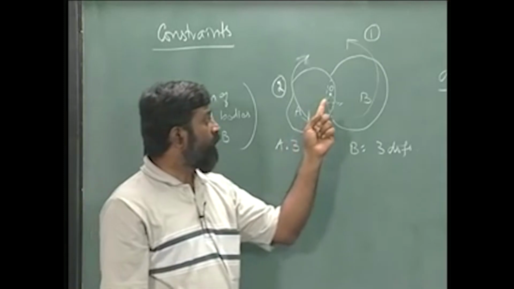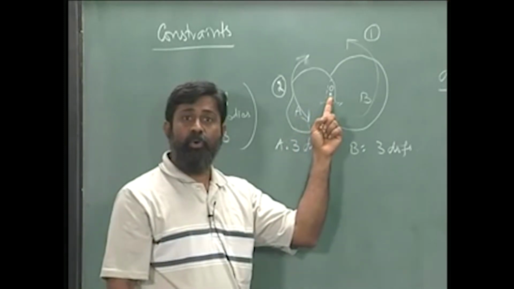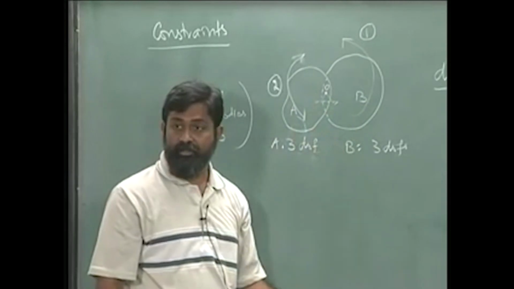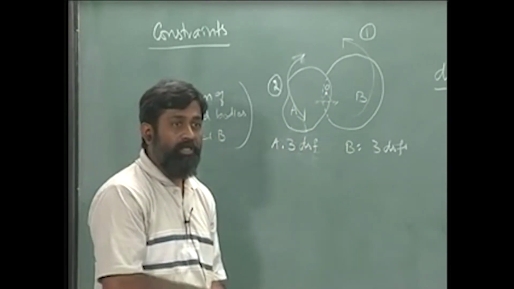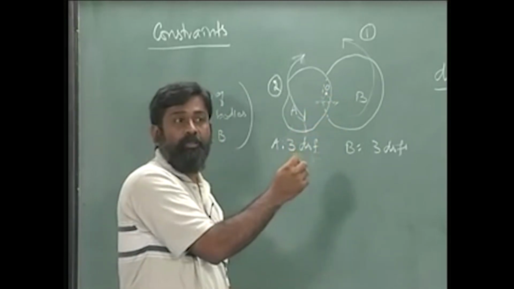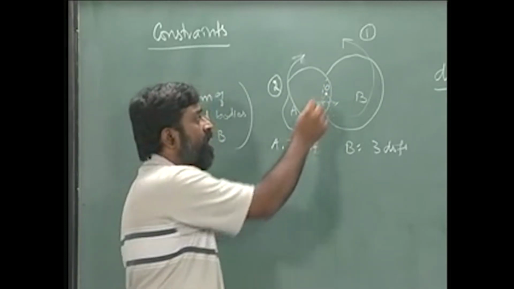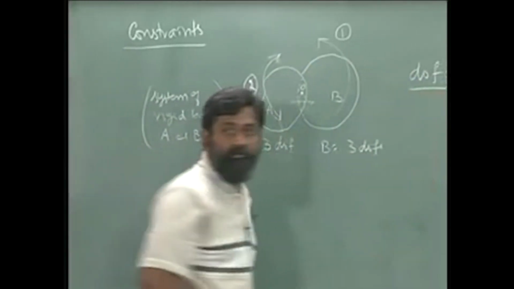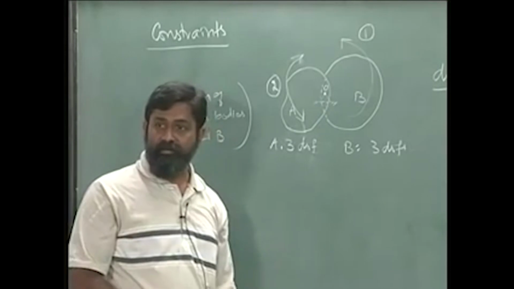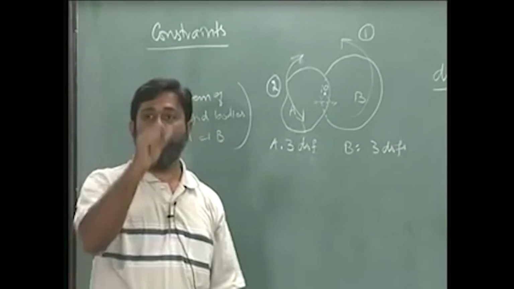Mind you, I have fixed this particular point O of both the bodies to the fixed frame of reference. Or in other words, if I release this point with respect to the fixed frame of reference, I can move this point around. And this point has 2 degrees of freedom possible. It can move in x and y directions.